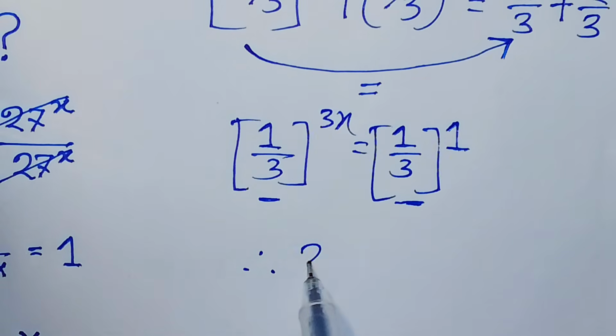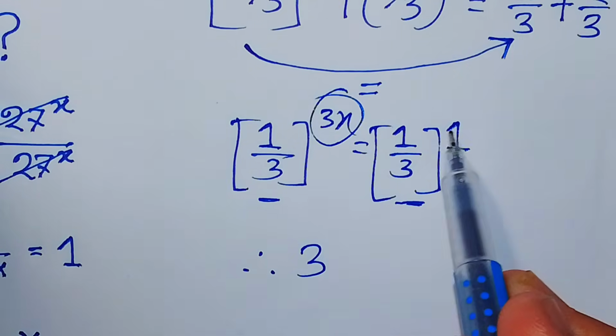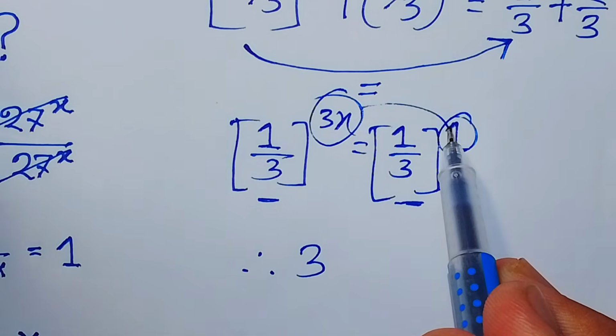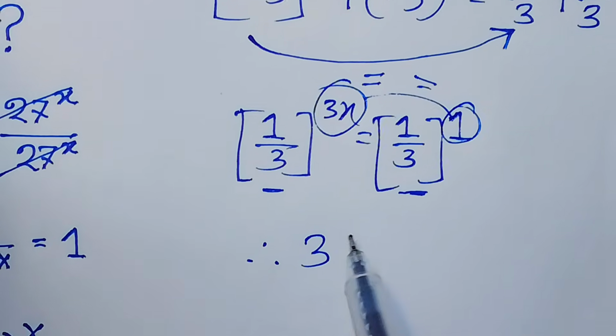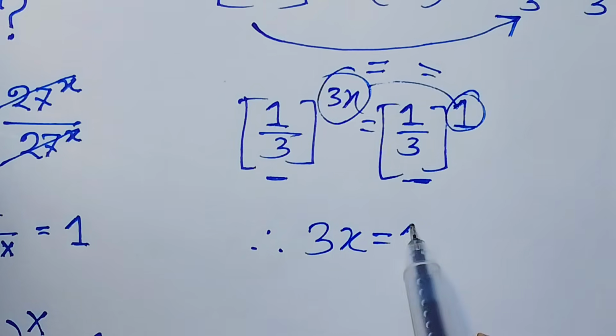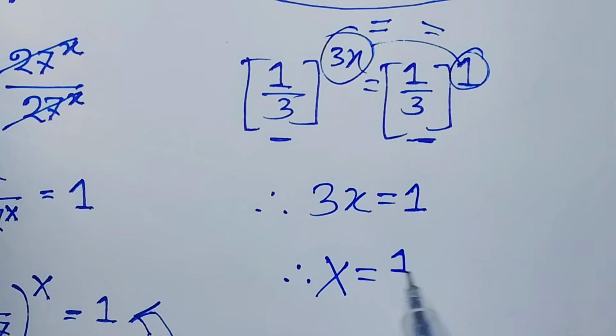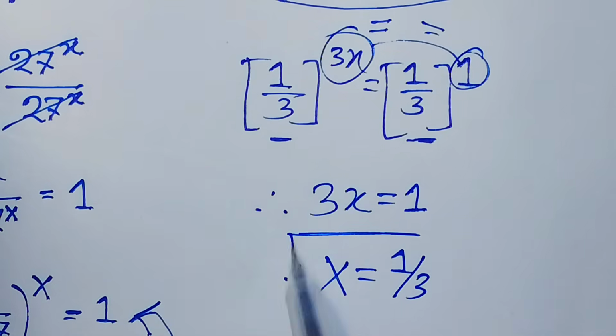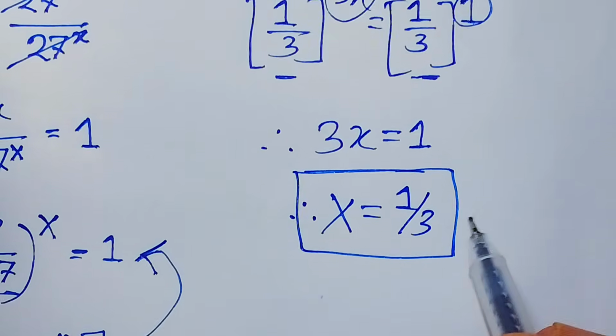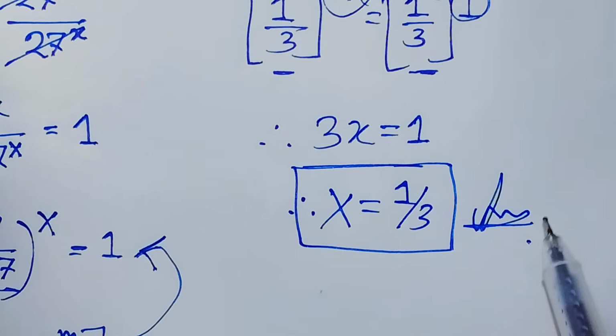Then we can write 3x is equal to 1, right? We just use mathematical terms. Then we can write the value of x is 1 by 3. Guys, this is our first answer we get from the solution.